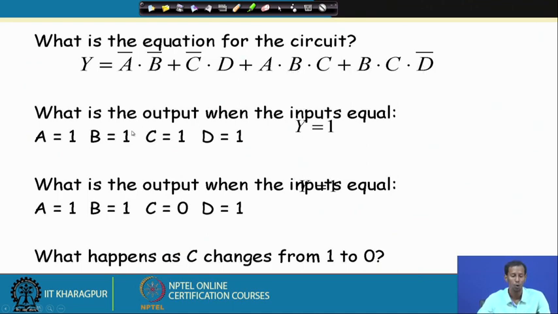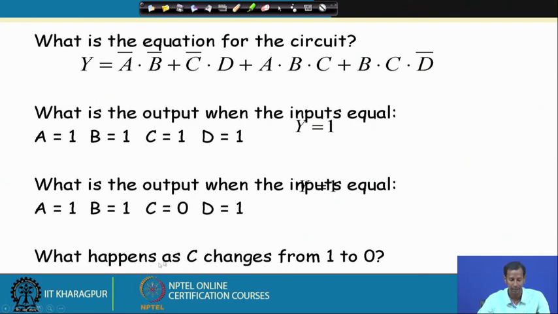Then what is the output when the input is a equals 1, b equals 1, c equals 1 and d equals 1? When all these a, b, c, d are 1, at that time the y output value is 1. Again, when a, b, d are 1 and c is 0, y is again 1.